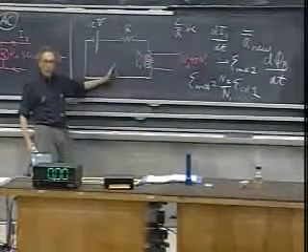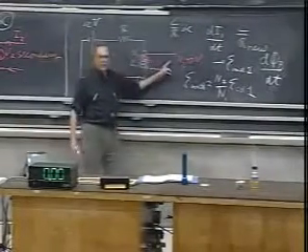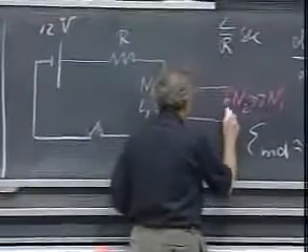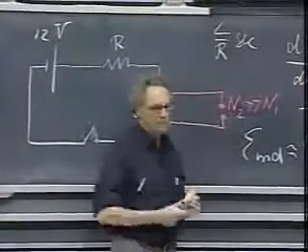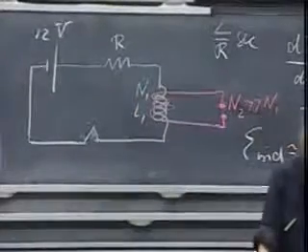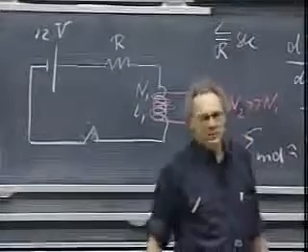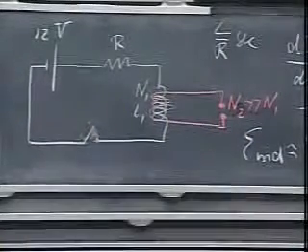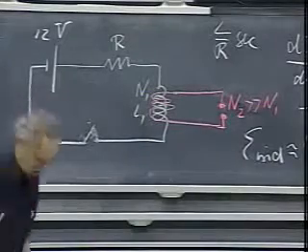And it's only when you open it that you get this enormous high voltage here and that the spark flies over. And if you run your engine at 3,000 RPM and you have a 4-cylinder, that happens 200 times per second. But it is the breaking of the circuit that does it.